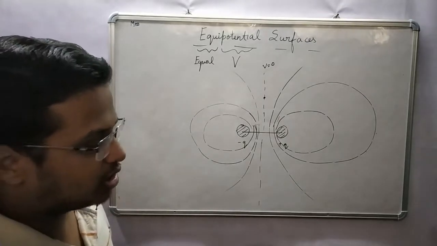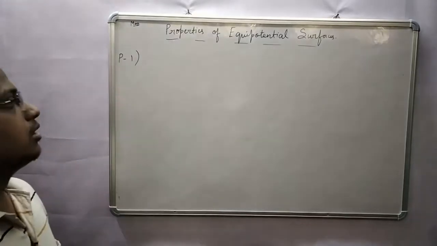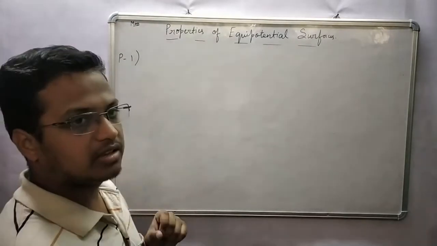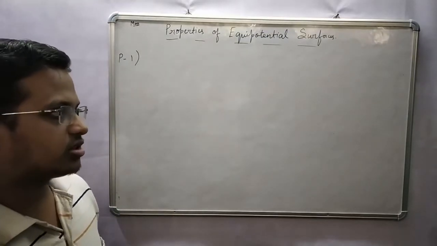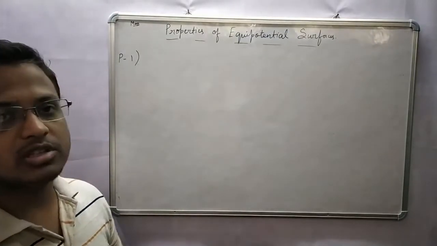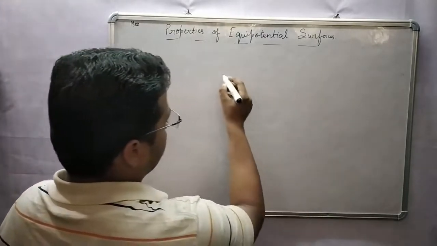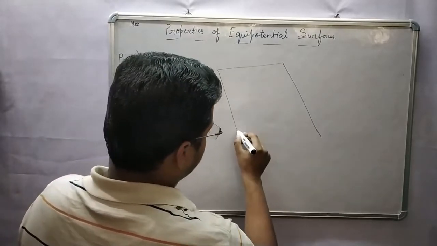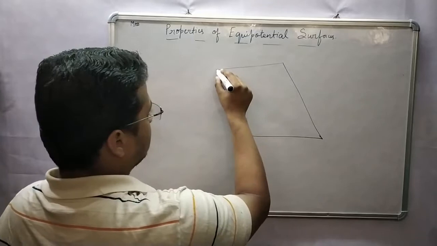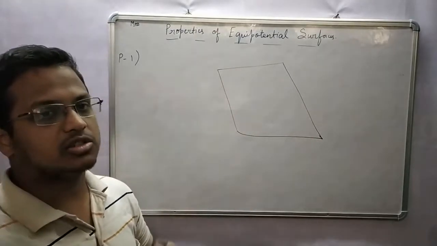Now let us proceed to the properties of equipotential surfaces. The first property says that if you want to move a charge, any charge, on a given equipotential surface, then the work done will be 0. Suppose, let us consider that this is an equipotential surface due to some charge distribution.